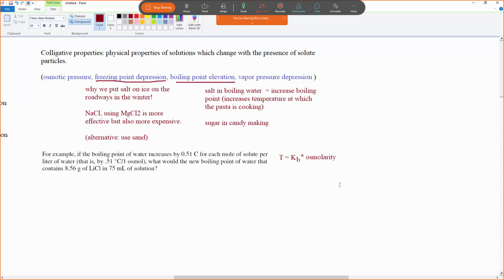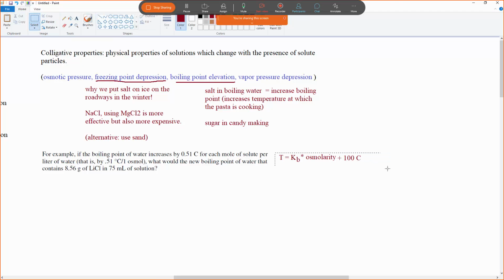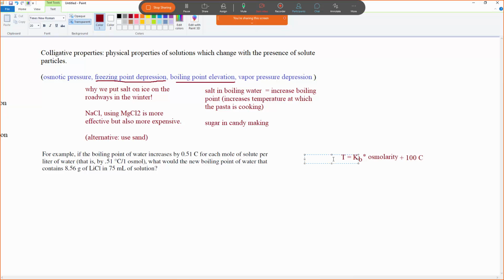That's going to be the change in temperature. So if you just add that to the initial boiling temperature, which is 100 degrees Celsius, then that will give you the new boiling temperature.